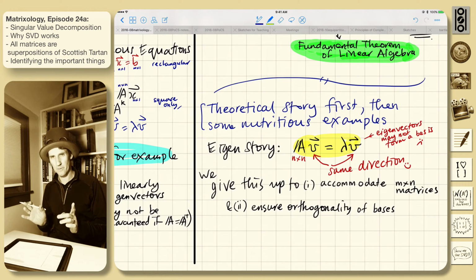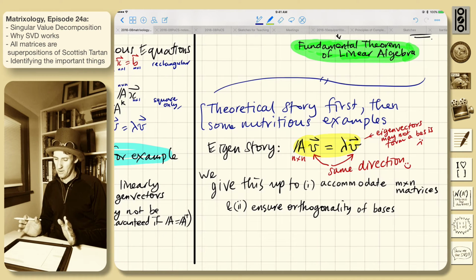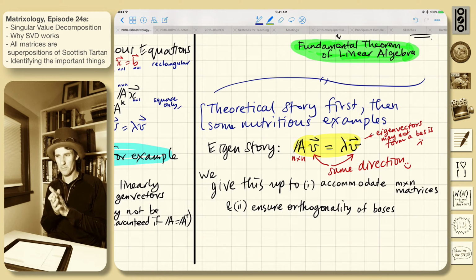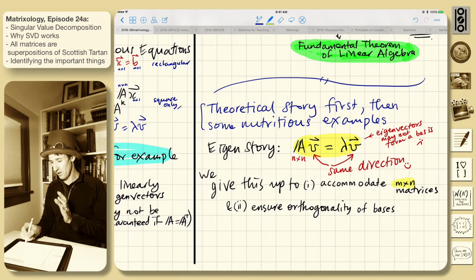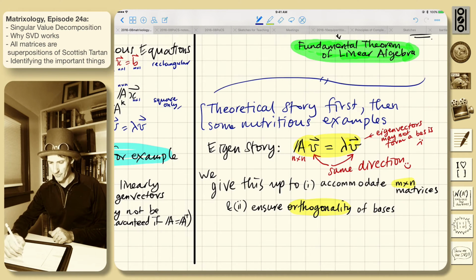And they're pointing in the same direction. Okay. So we're going to have to give some of this up to be able to use this with Ax equals b. And, right, so we want to get to m by n matrices, so we have to give something up. And one thing we don't have, right, we don't have orthogonality. It's not ensured, right? So we want this.